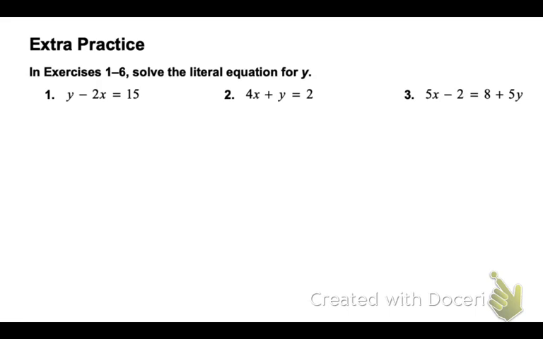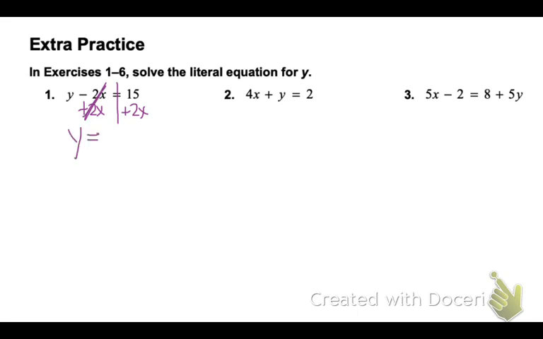Looking at the first one, the variable y is on the left-hand side of the equation. We want to move this variable term of negative 2x to the right, so we'll add 2x to both sides. This is the additive inverse, so it cancels out.